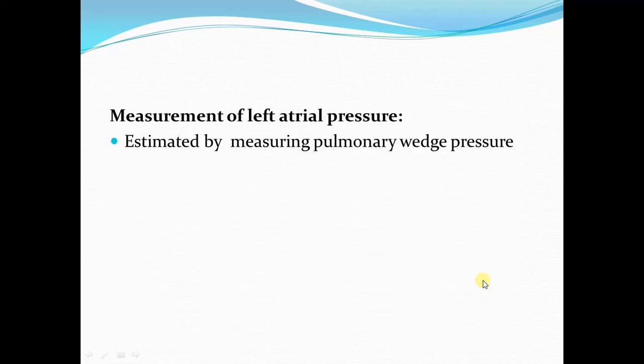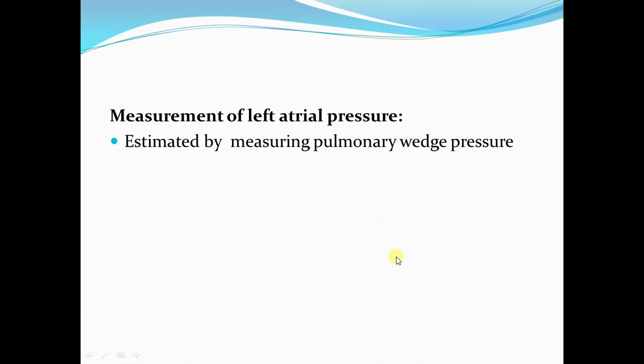Now, how can we measure the left atrial pressure? Measurement of pressure in the left atrium. Now, it is not feasible to measure the left atrial pressure by a direct pressure measuring device.